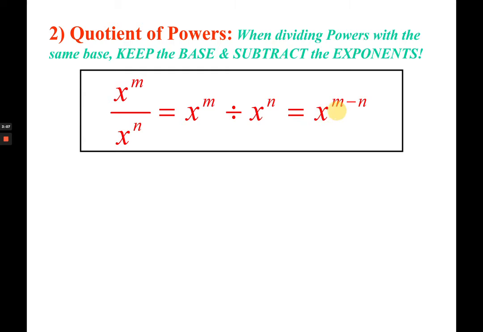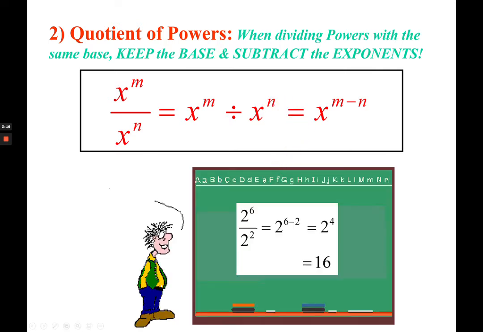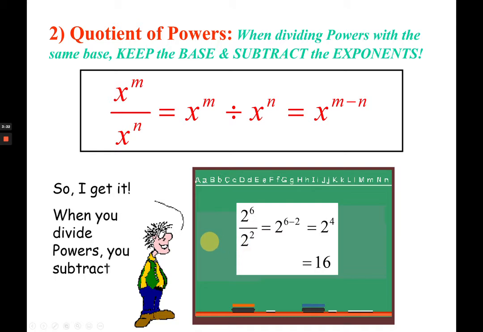When you divide, you just subtract the exponents. The first exponent minus the second exponent. So here's your example. If you have 2 to the power of 6 all over 2 to the power of 2, you just subtract your exponents. 6 minus 2 is 4, and then you evaluate further, 2 to the power of 4, you have 16. And that's how you divide. When you divide, you subtract exponents.